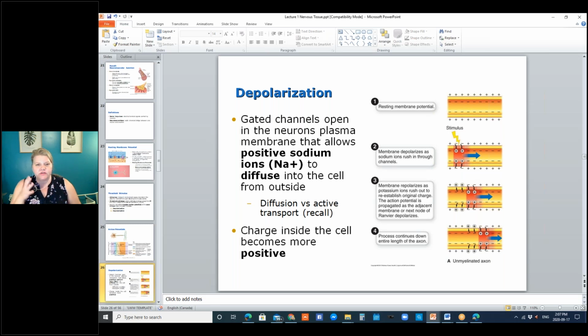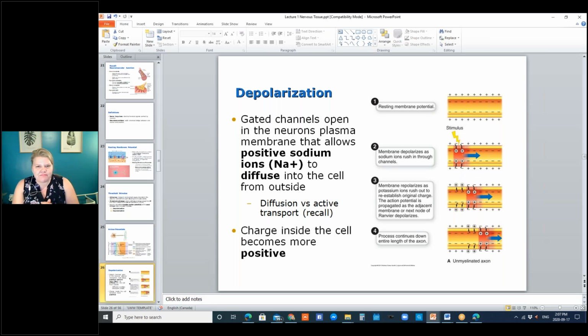Just to recall here the difference between diffusion and active transport. Remember how I was talking about potential energy? Well, if it is moving along its concentration gradient, where there's less sodium inside the cell than there is outside, the sodium outside is just naturally going to come in. This is diffusion. This is without adding any extra energy to it, right? Potential energy, it can do work.